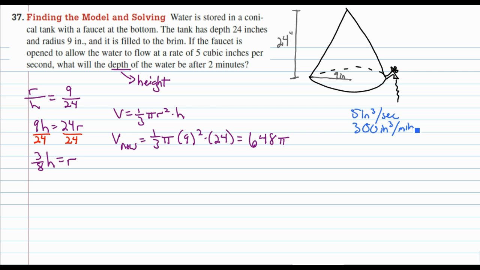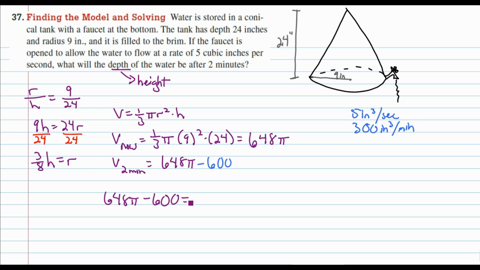And there's 2 minutes, so we're losing 600 cubic inches. So the volume in 2 minutes is going to be 648 pi minus 600.